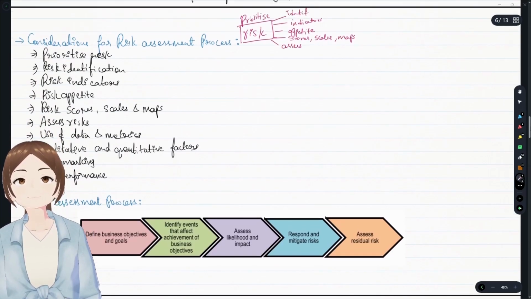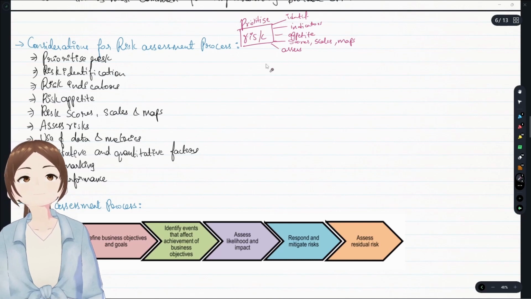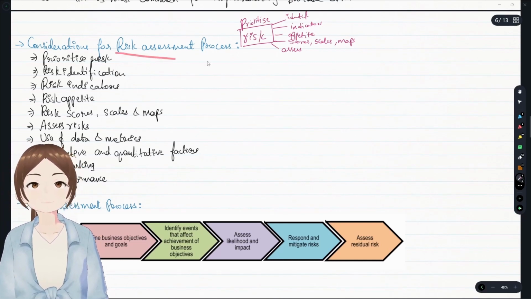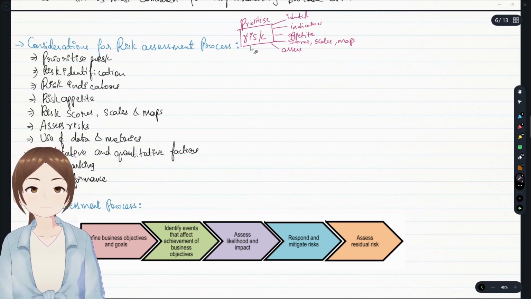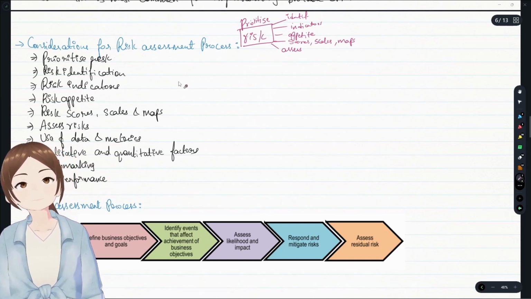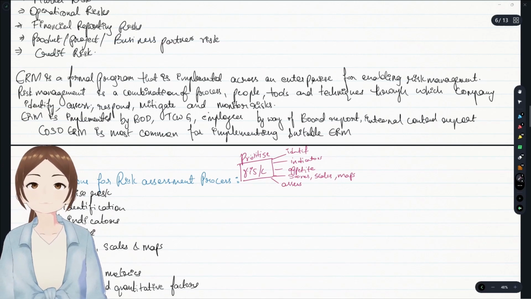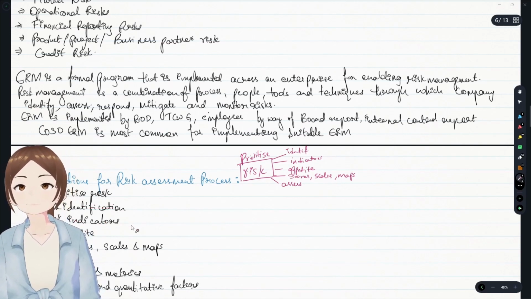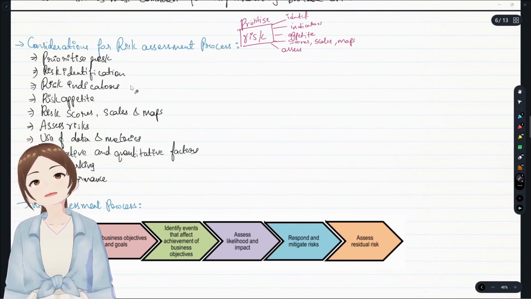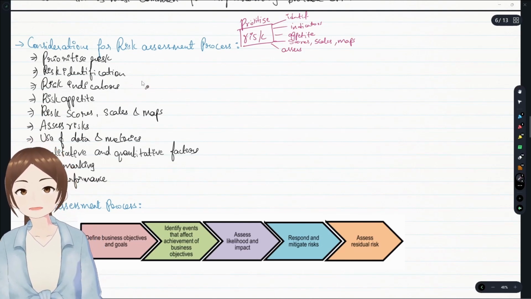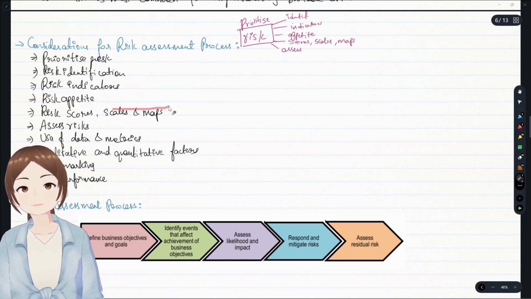Considerations for the risk assessment process. Whenever there's a risk assessment process, the risk stands in the first place. We have to prioritize the risk, and the risk has to be identified. Identify the risk and indicators. Then you could assess by risk indicators, risk appetite, risk scales and scores.